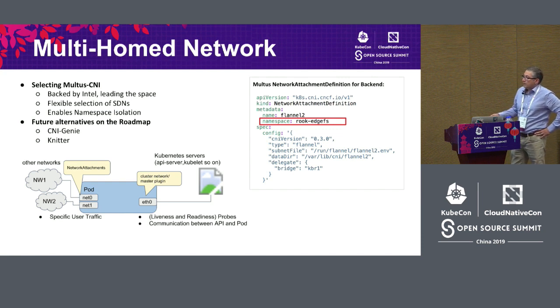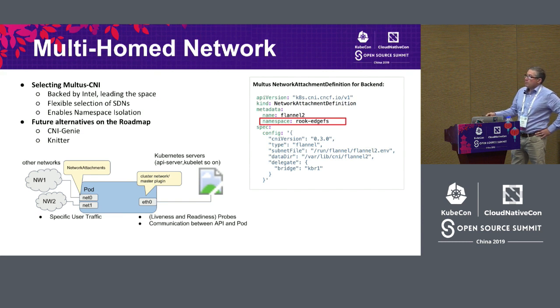With that, you can attach your application that needs specific user traffic to certain networking ports, orchestrated within the same pod, right here. If you want to take a look at a definition, an example of how it looks: here you see this is the Flannel SDN, and there is a Rook EdgeFS namespace for which this network was allocated.